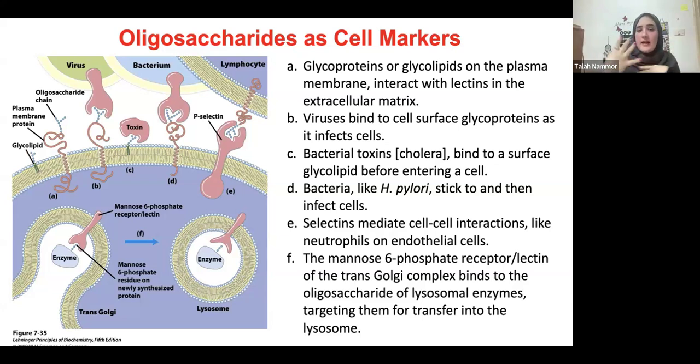It can help the cell communicate with another cell, and help enzymes inside the Golgi be tagged so they can be transferred into the lysosome. Is this clear? Okay, everyone?